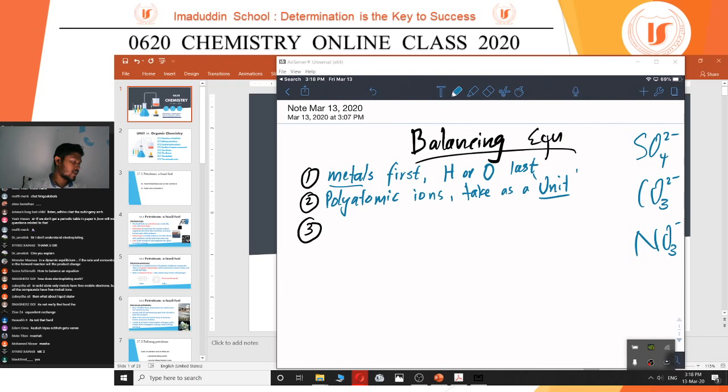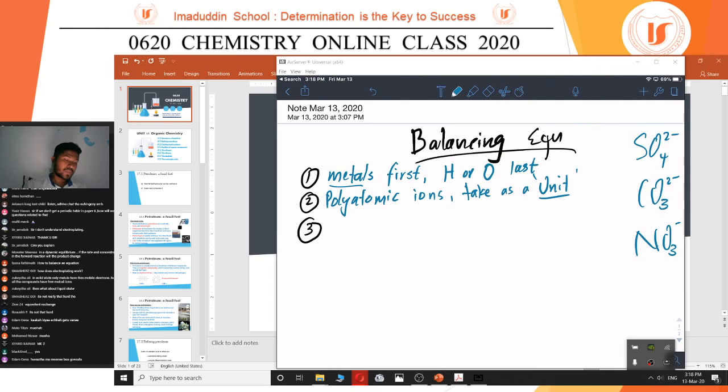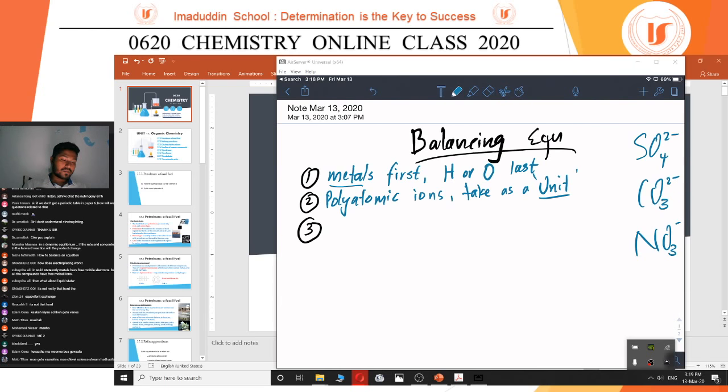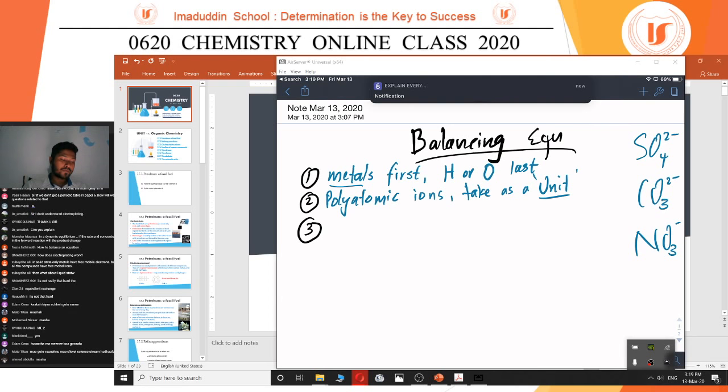I will explain what that is in a short while. So first thing is you have to balance metal first, hydrogen or oxygen last. If you have polyatomic ions, take it as one unit, not individual elements separately.